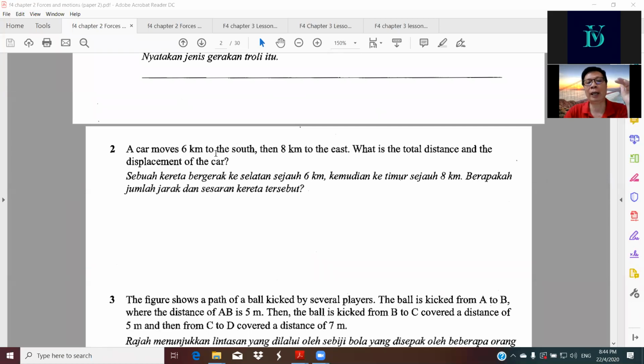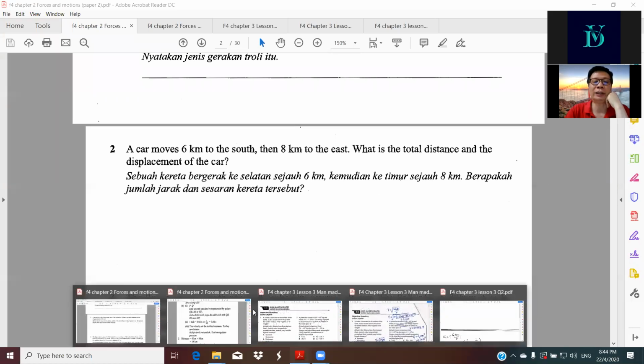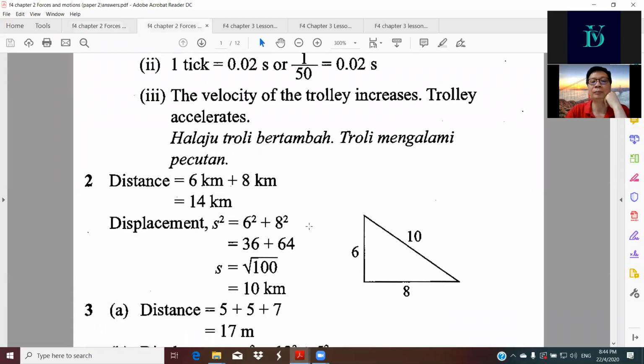To solve this question, you just sketch a diagram like this. You see, 6 km to the south, 8 km to the east. So total distance, right?